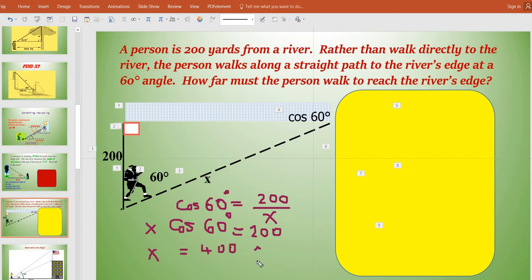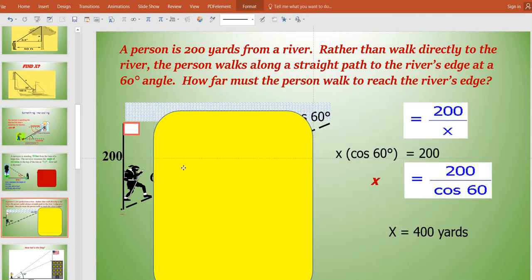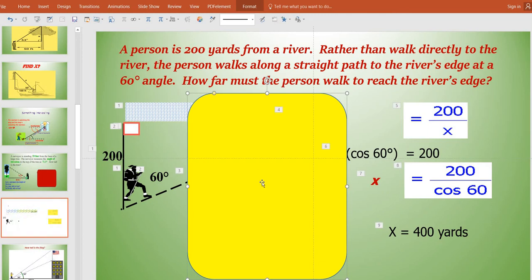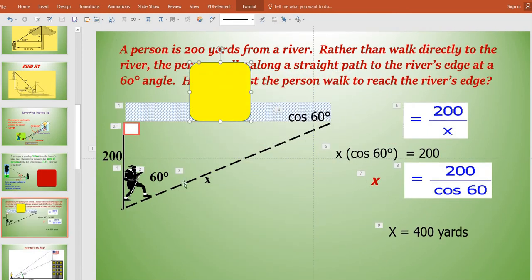Let's show the result. The distance between the man and the river equals 400 yards.